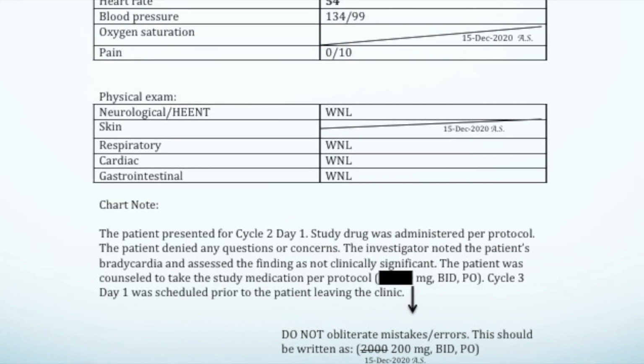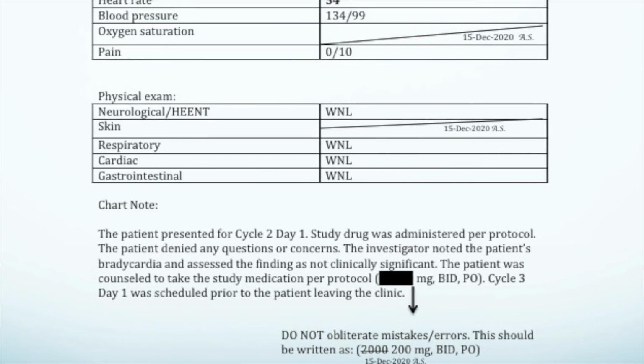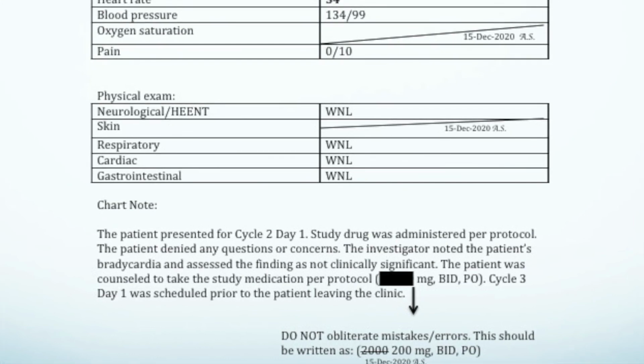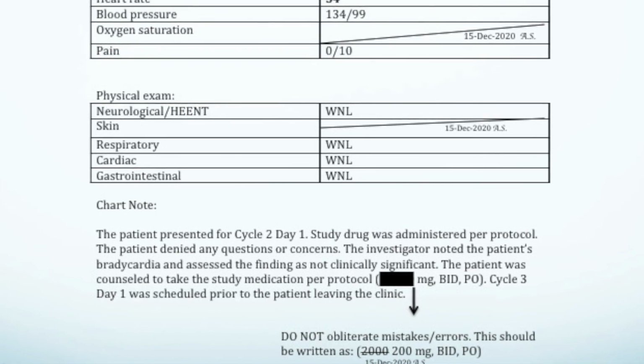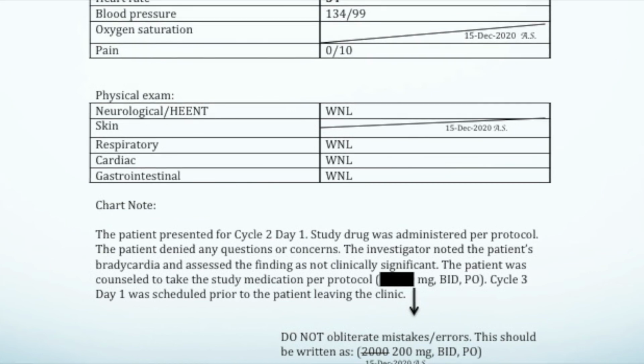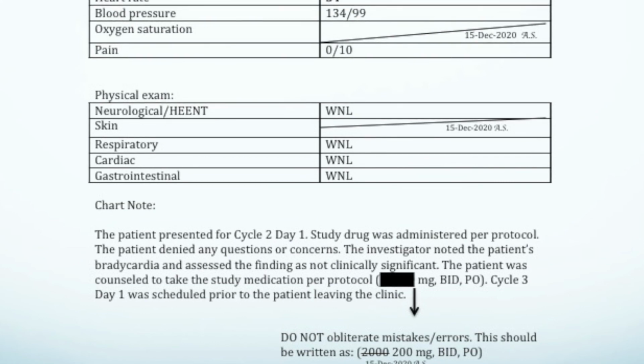So this is a good example. The only other correction we would need is that currently we don't know who wrote the chart note. So we'd want a signature after that chart note, so it is attributable to whoever wrote it.